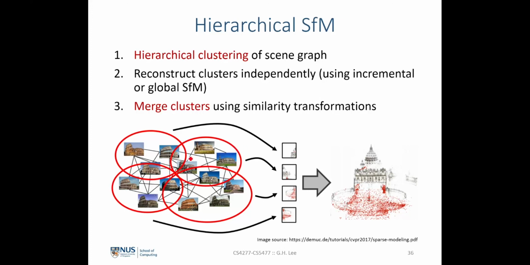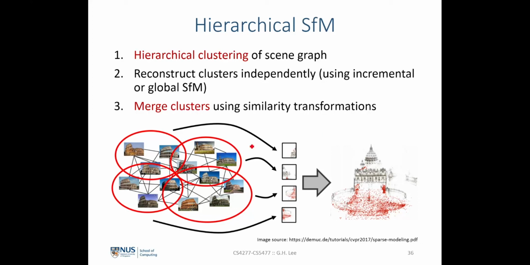We apply hierarchical clustering where the edges are weighted by the number of inliers between a pair of images, computed from the robust two-view geometry that we have discussed earlier. Once we get all these clusters, the next thing we do is incremental structure from motion on each one of these clusters independently.